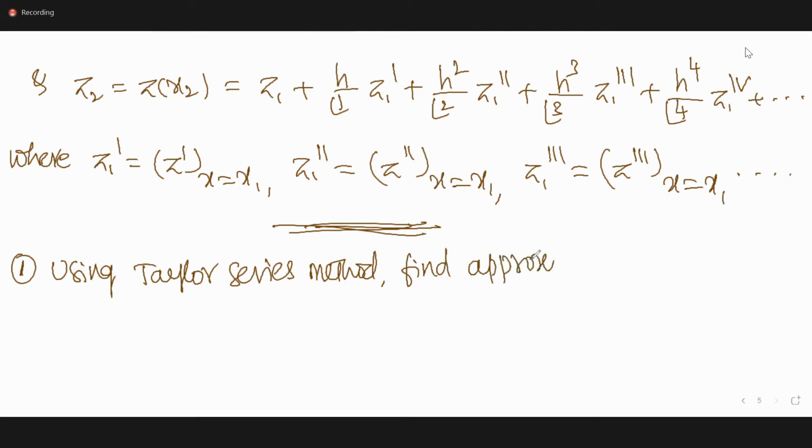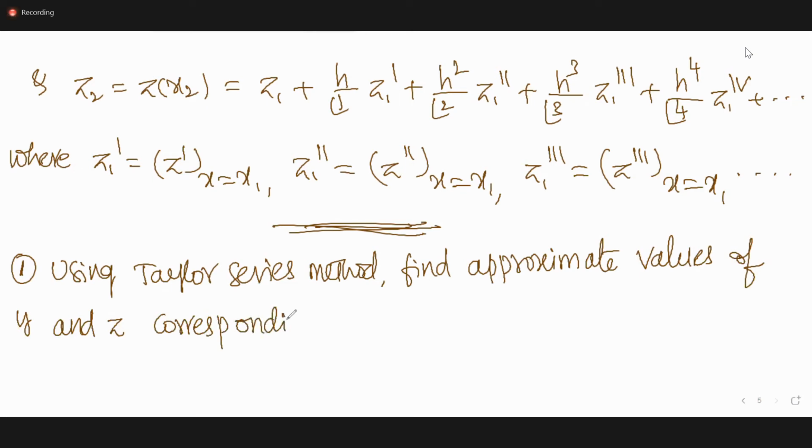Using Taylor series method, find approximate values of y and z corresponding to x is equal to 0.1, 0.2.